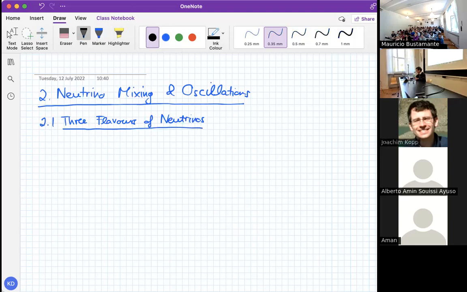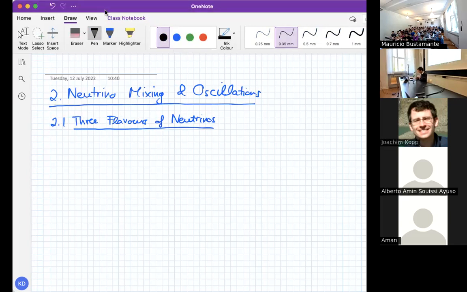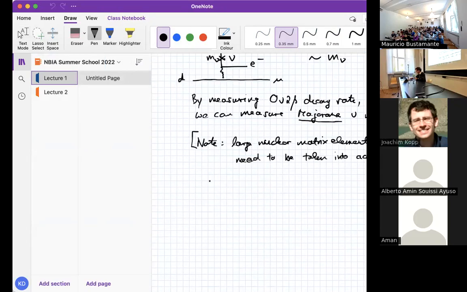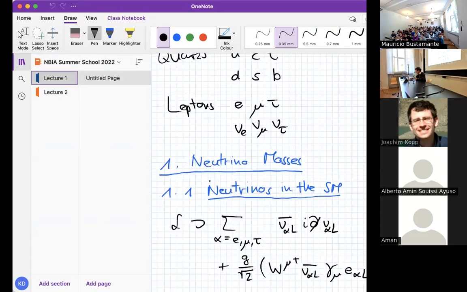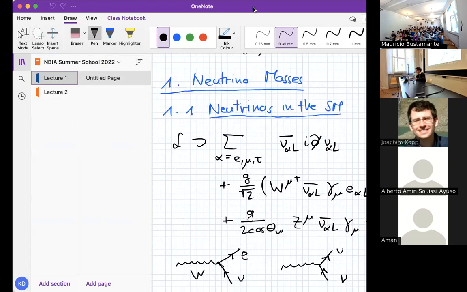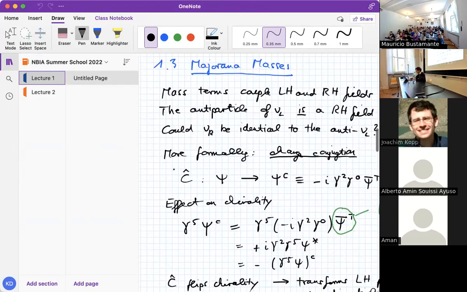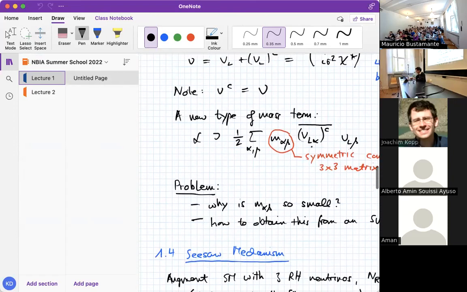Remember that in the beginning of the first lecture, we had looked at the Lagrangian of neutrinos in the standard model, and I will quickly go back to this so I don't have to write it down again. Here, remember there was this term through which neutrinos coupled to the W, and in the second part of the first lecture, we had introduced the neutrino mass term, which looks like this, for instance.